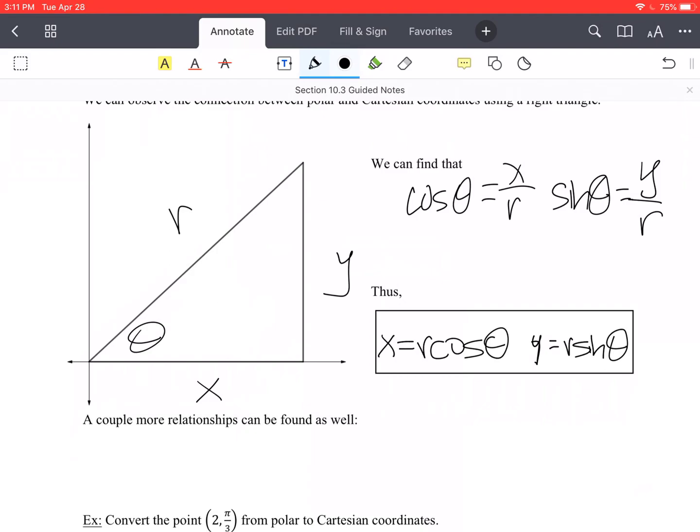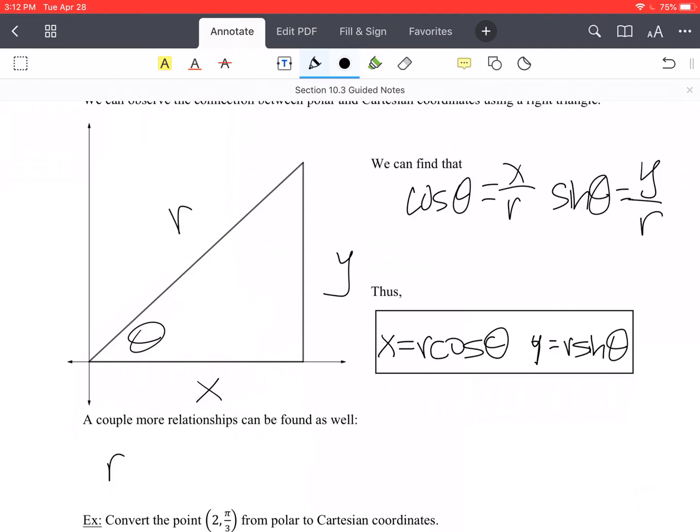So these conversions, we've actually seen this all along when we use the unit circle, right? We know that the cosine value is the x value, and the sine value corresponds to the y value. So it's the same thing, just now generalizing to any radius. Okay. Using these relationships, we can actually find a couple of other formulas here.